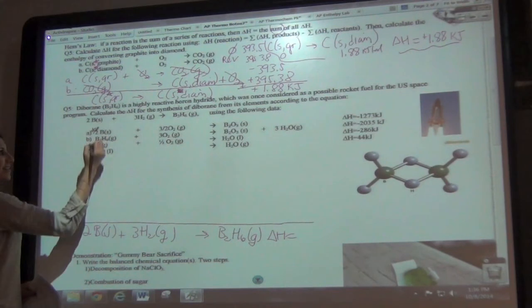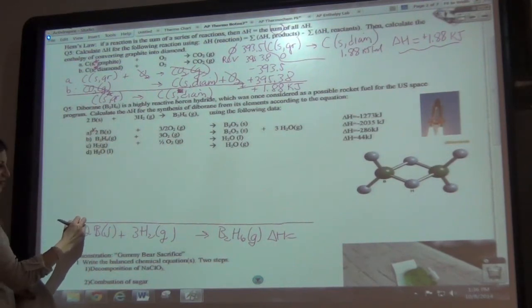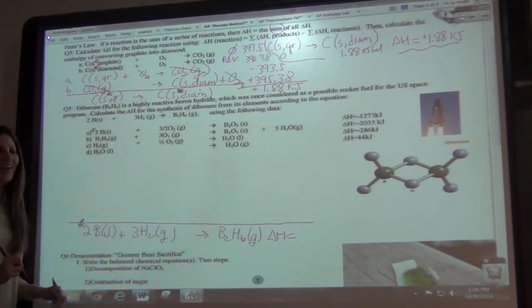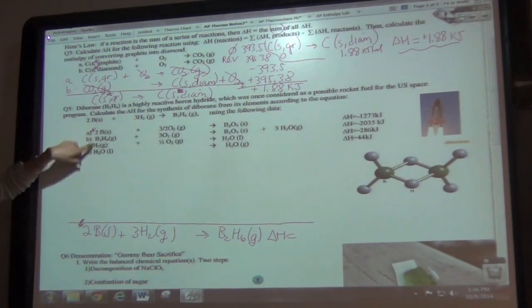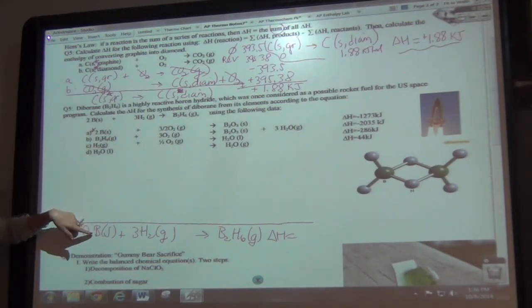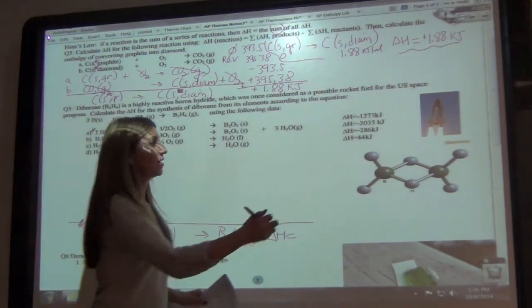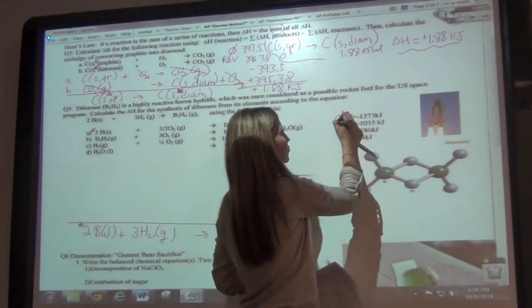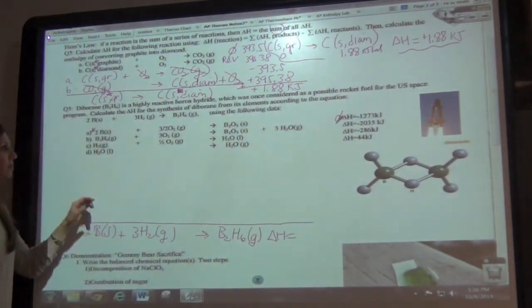Good. I see it right there and right there. How's my coefficient? Good. How's the side it's on? Good. Guess what you do to this line? Nothing. Don't do anything to it. No change.